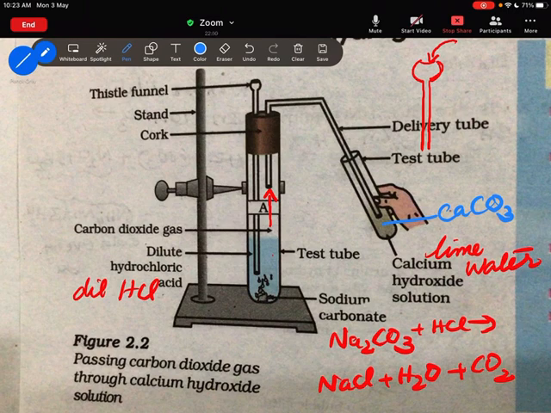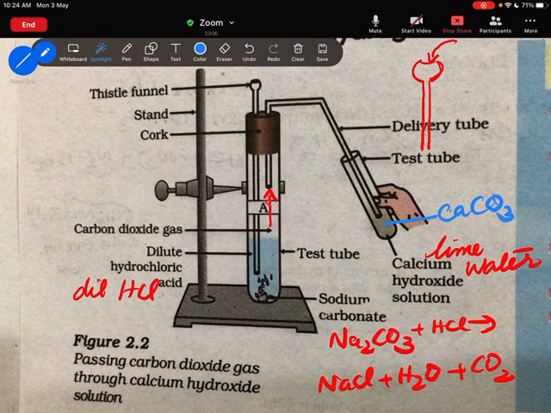We have taken this lime water, that is calcium hydroxide solution. To that we are passing this carbon dioxide gas. This lime water turns milky. That is due to the formation of calcium carbonate.